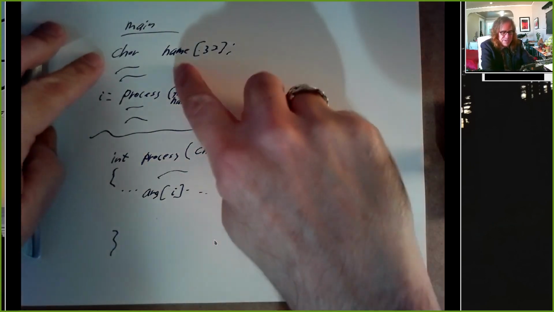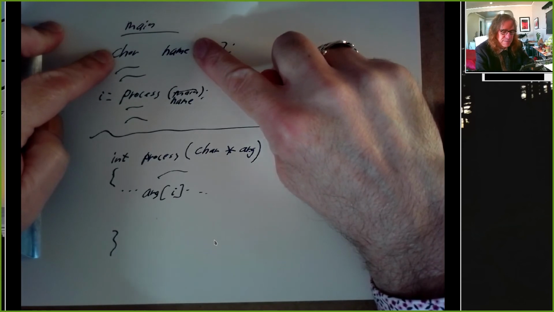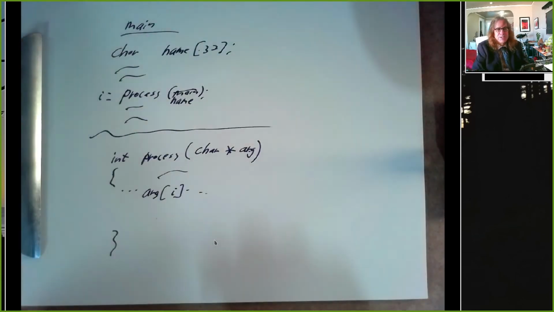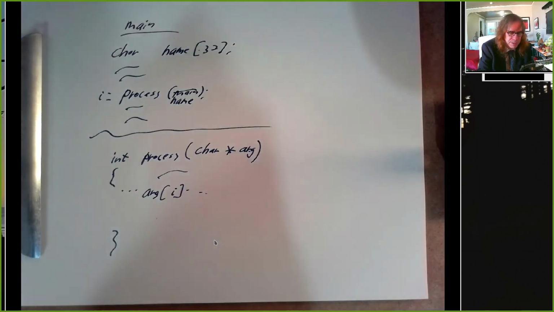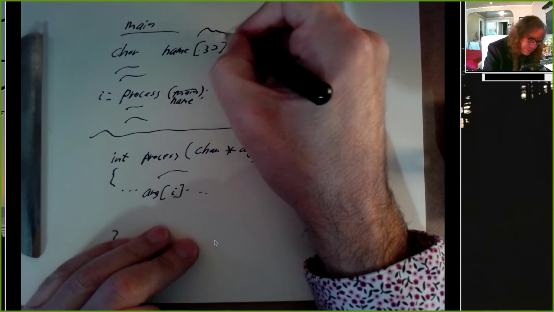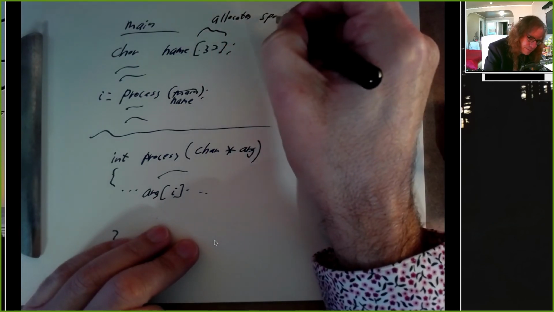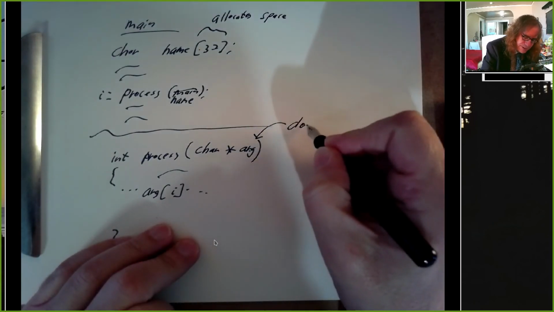Now up here, if I declare char star name without a size, and then I try to use that as an argument to fgets, for example, I'm probably going to seg fault. So this allocates space. This does not allocate space.